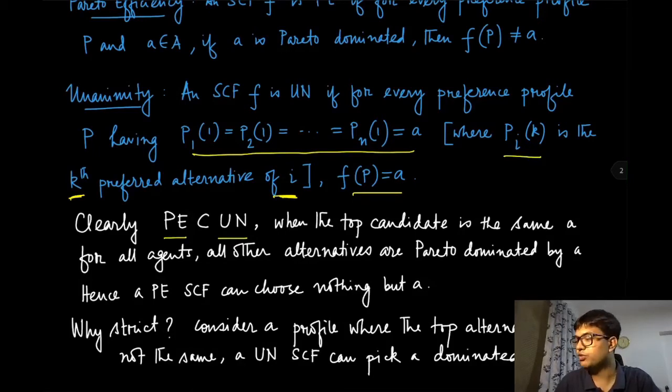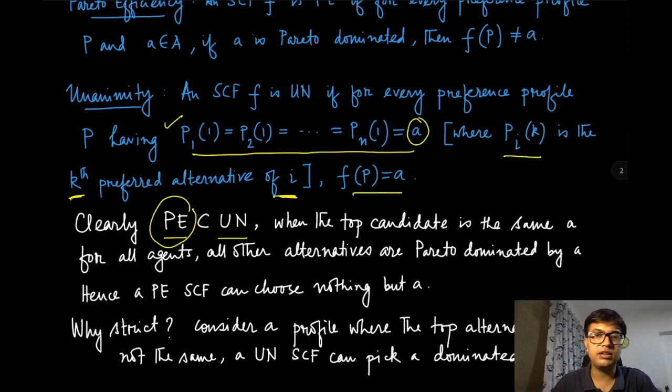Suppose we start with a social choice function which is Pareto efficient; we will have to show that it is unanimous as well. Now for unanimity, the if condition itself is that the topmost alternative is the same for all the voters or all the agents. So let's say that is given to you, that the topmost alternative is the same. And now my social choice function is also Pareto efficient.